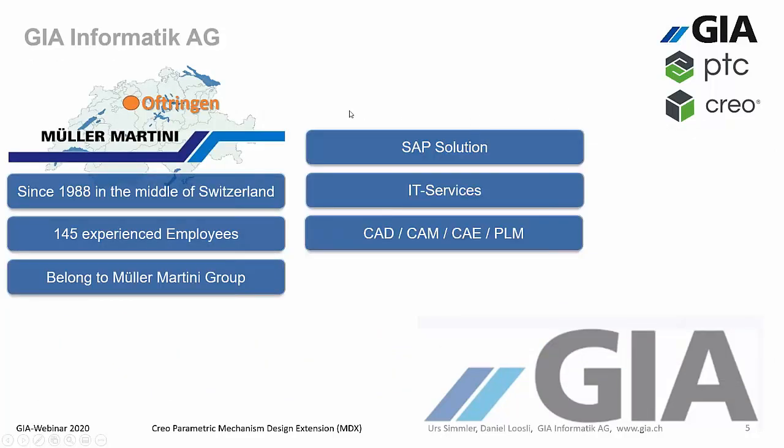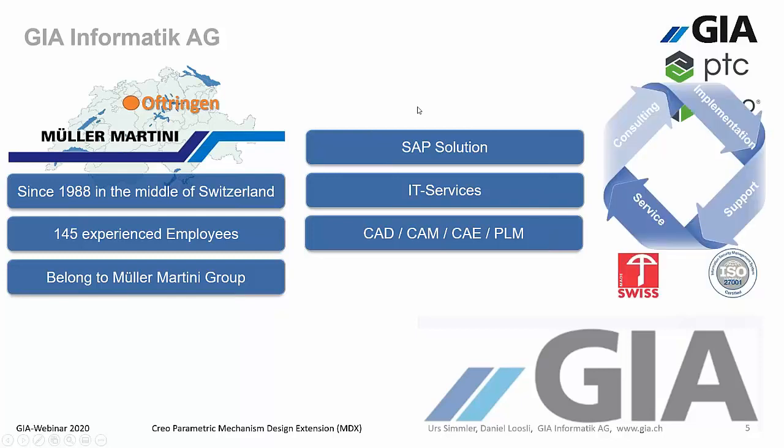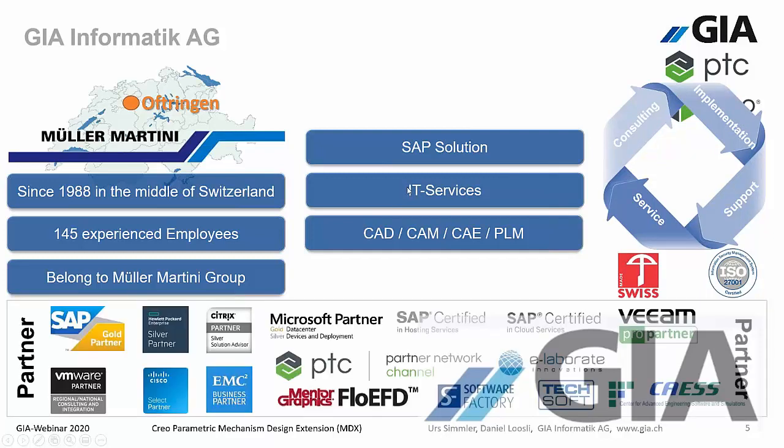GIA Informatik is a company with about 140 people located in the middle of Switzerland. We are a PTC reseller. We have our own IT services, and we are also a reseller of SAP solutions in the CAD/CAM environment.